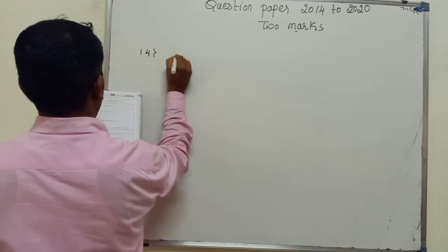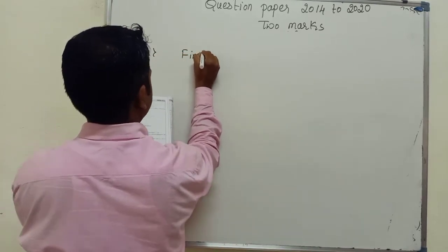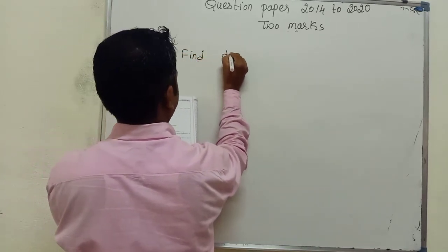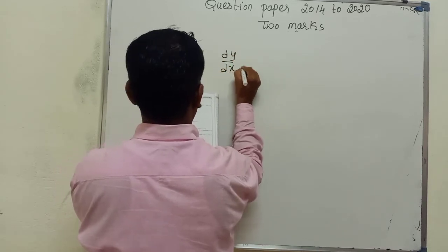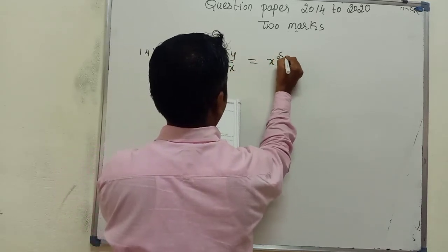So that is, I think, question 14: find dy by dx, where y is equal to x raised to sin x.